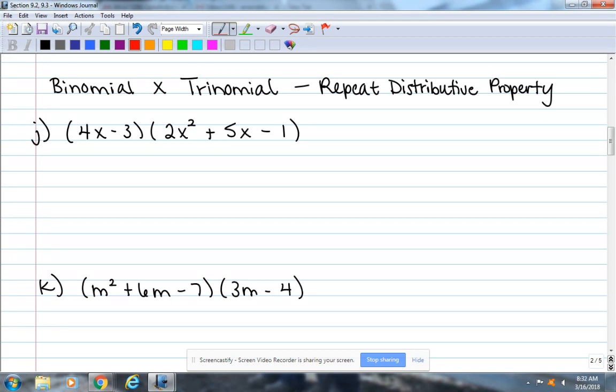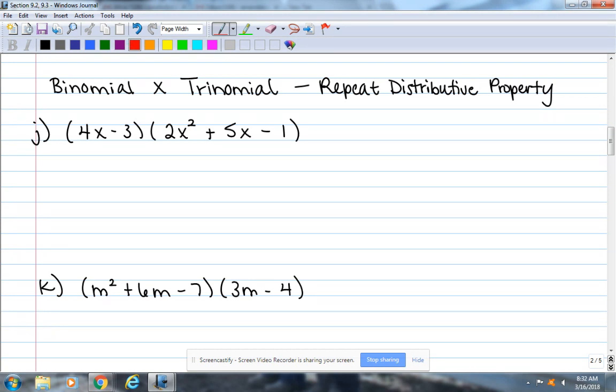So this one's a binomial because this one has 2 terms, and a trinomial because this one has how many terms? 3. So when you have a binomial times a trinomial, what I would suggest you do is you take each term in your binomial and multiply it times every term in your trinomial. So I'm going to take the 4x and multiply it times this term, and this term.